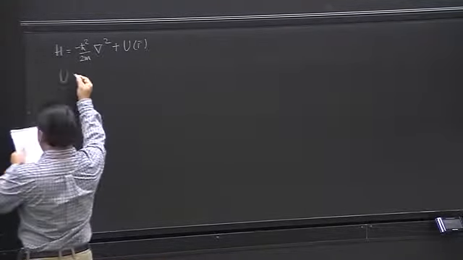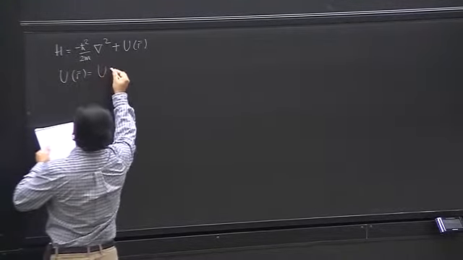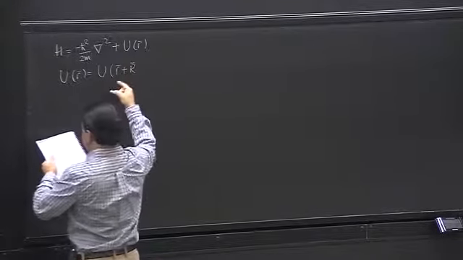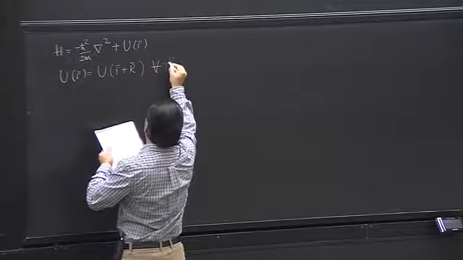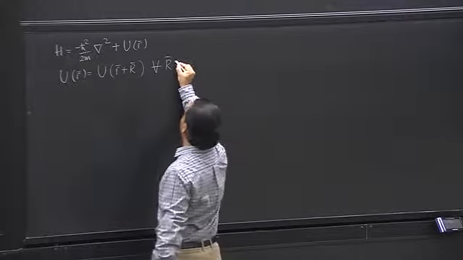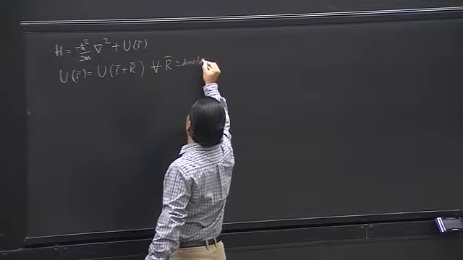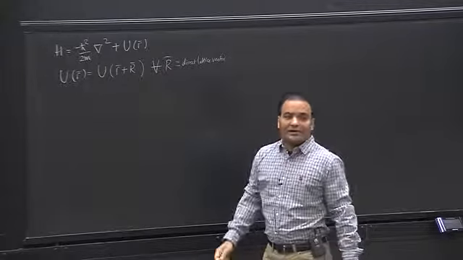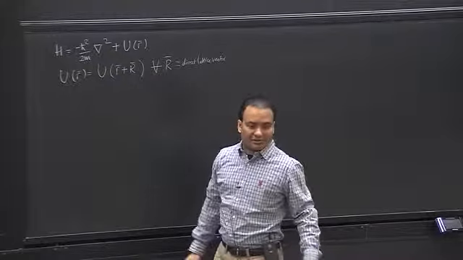Now this potential U of r is periodic. So this potential U of r should be the same as the potential U of r plus capital R for all r, where R is a direct lattice vector. So this is simply one single electron moving in a periodic potential.